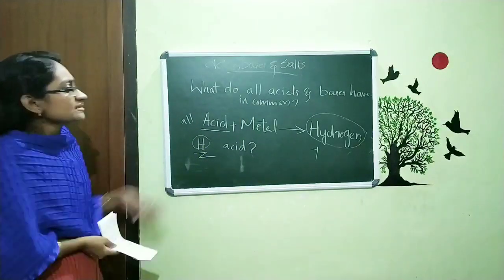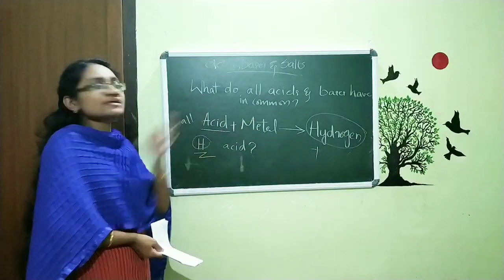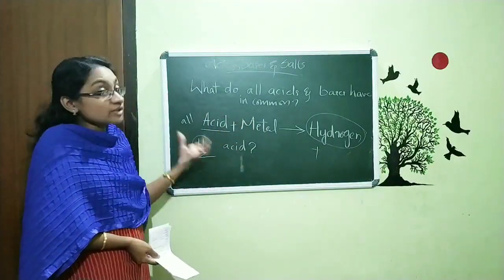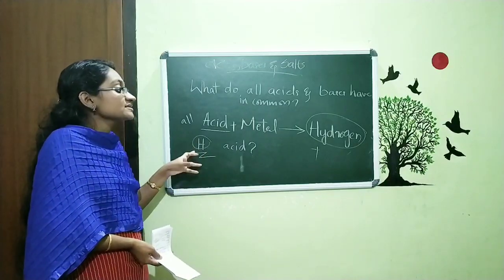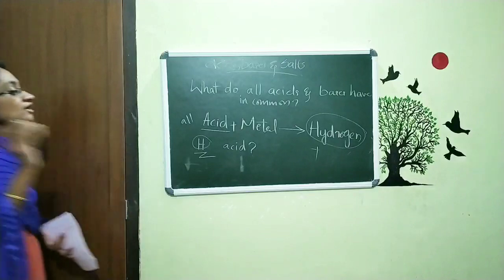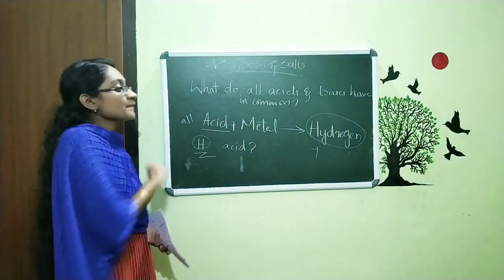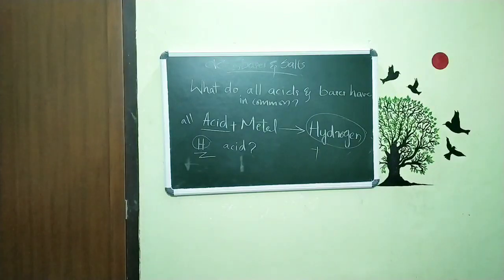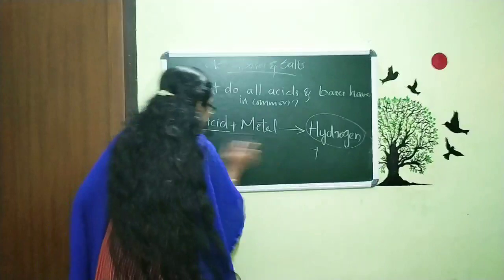We said that hydrogen is one of the components in the acid. So I am just reversing that: are all compounds containing hydrogen acids? That we want to check. First of all, we are going to check this by one experiment, and you can see the diagram in figure 2.3. Now we are going to discuss that experiment.